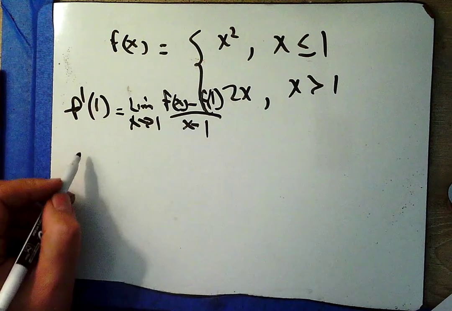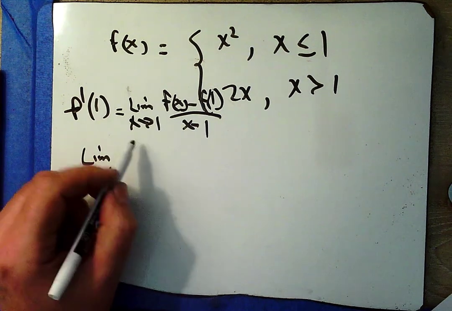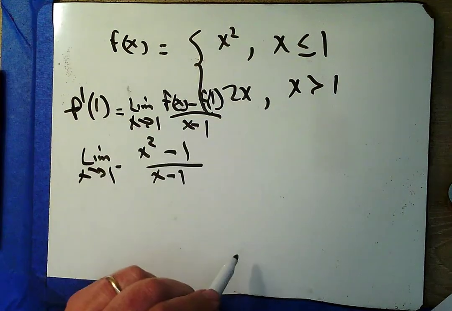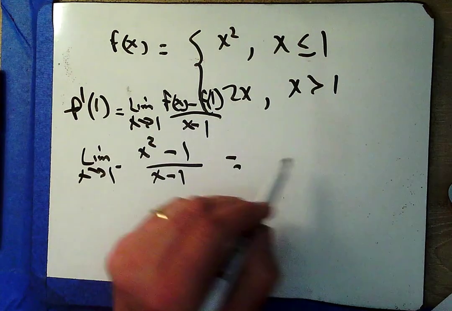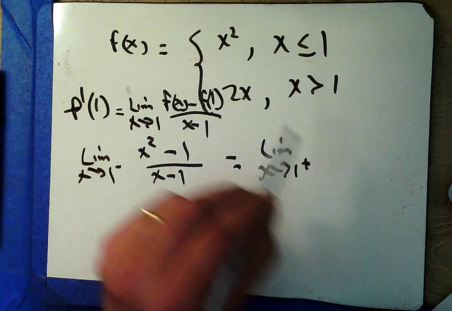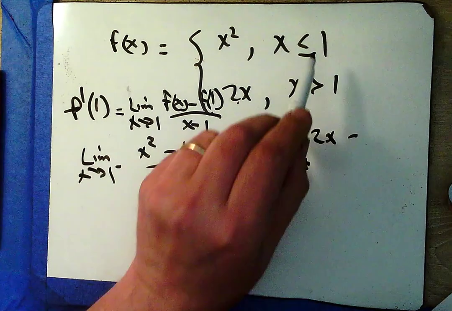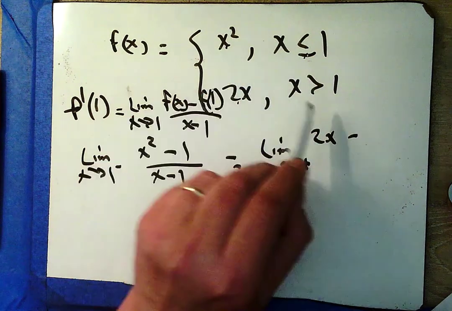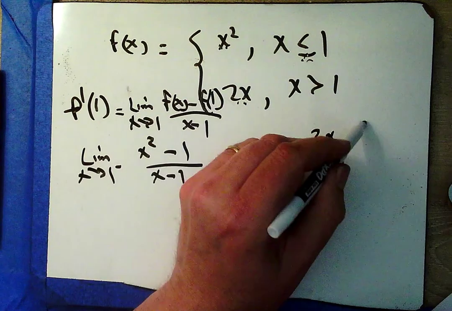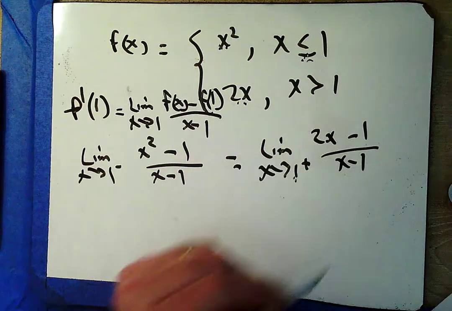And in order for that to exist, I need the limit as x approaches 1 from the negative side of x squared minus f of 1 over x minus 1 to equal the limit as x approaches 1 from the positive side of 2x minus f of 1 over x minus 1. F of 1 is still found by plugging in over here, not here. This is equal to 1. So I get minus 1, because 1 squared is 1, over x minus 1.